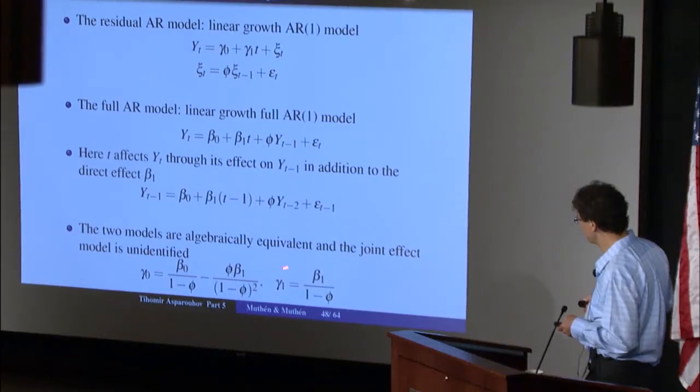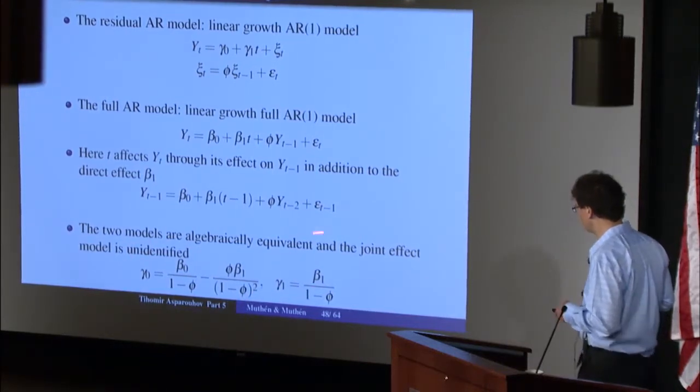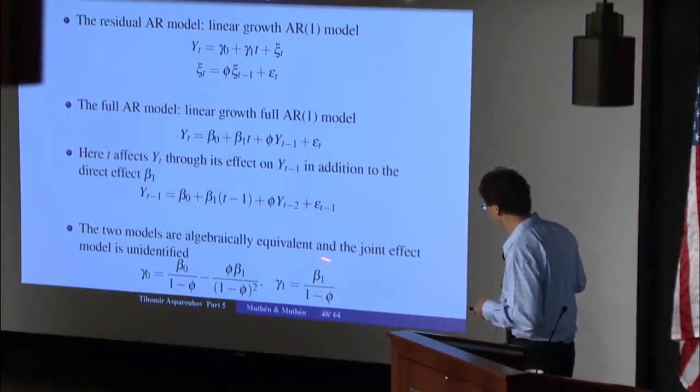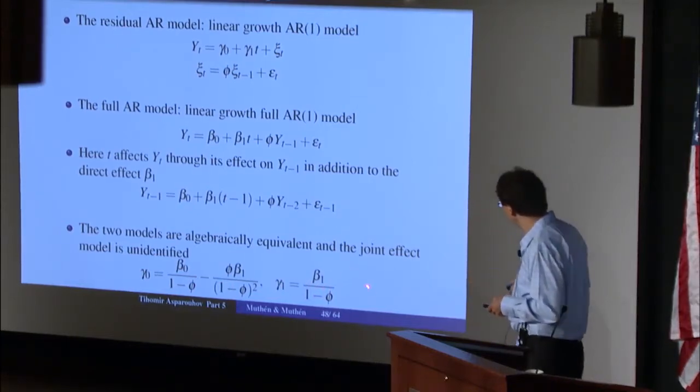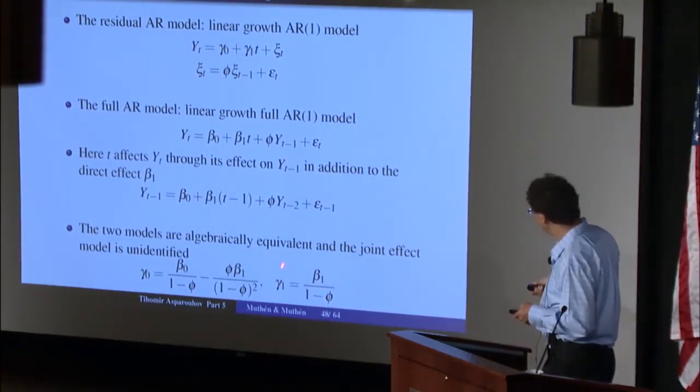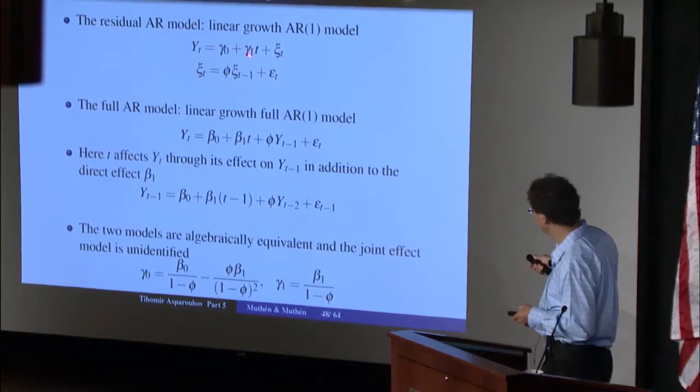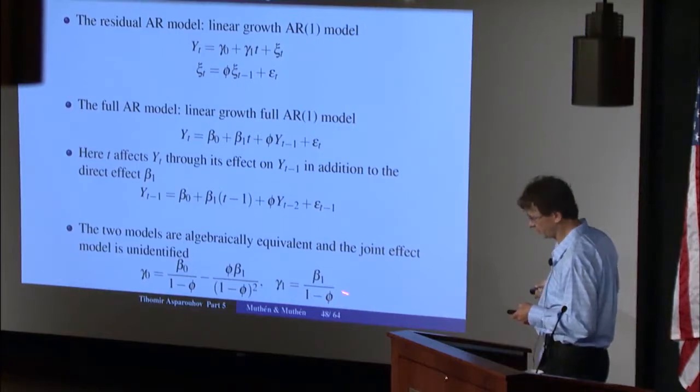And these simple equations show you how to derive one set of parameters from the other. One thing to note here is that the growth term is a simple division. To obtain the slope term, you divide by 1 minus the autoregressive parameter.